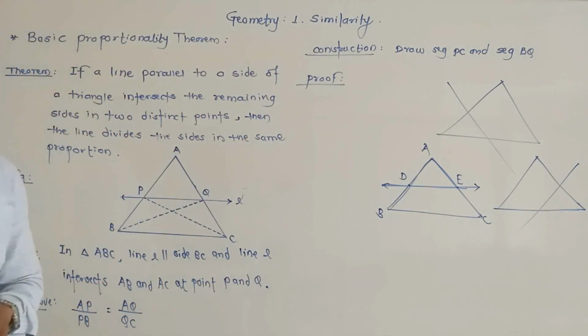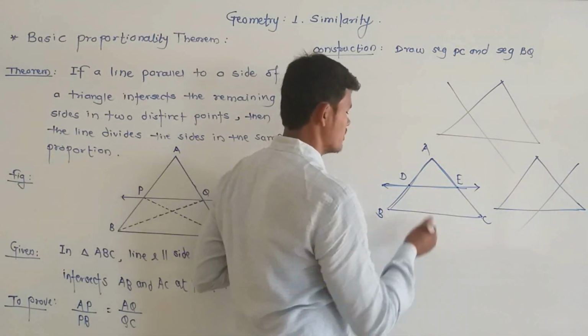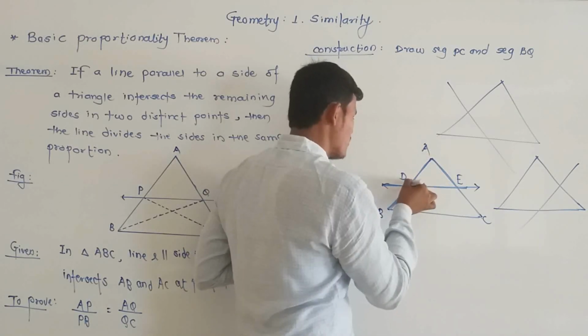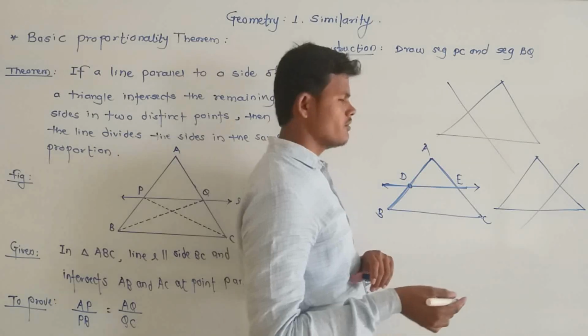Then the line divides the sides in the same proportion. For example, line DE intersects the side AB at point D. So what does proportion mean? Ratio or proportion?